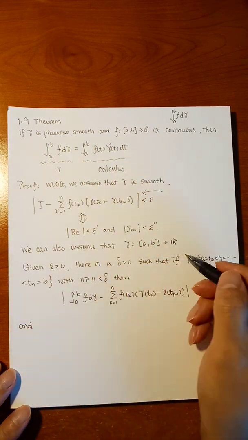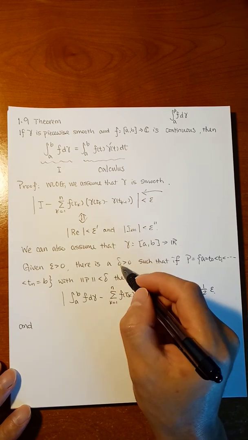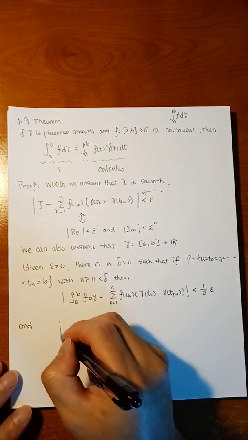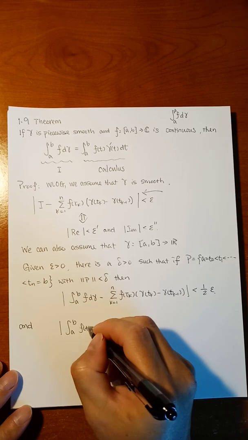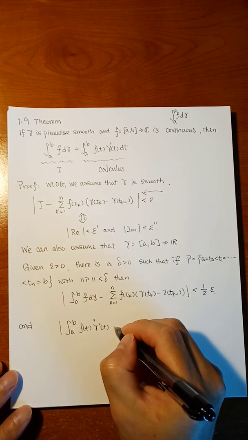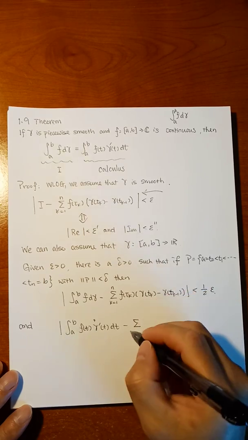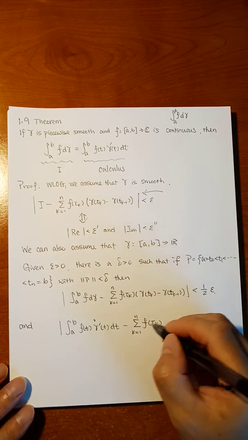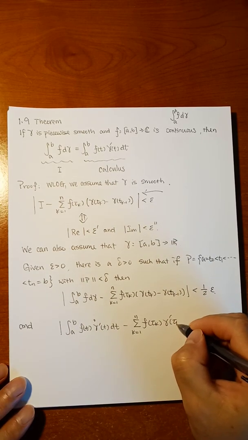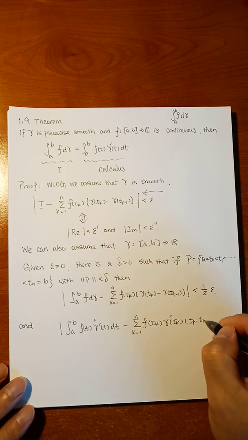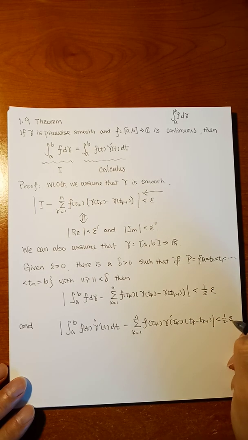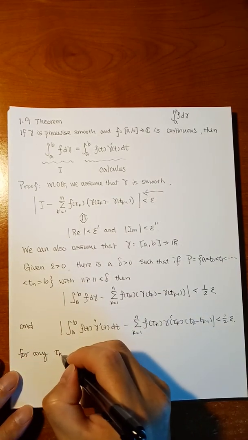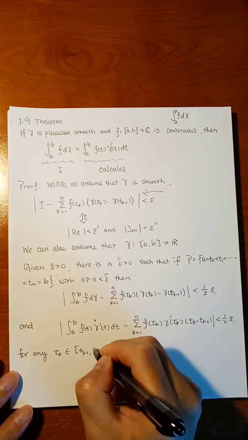For the same epsilon, there's another delta, and we choose the minimum delta, so we still use the same delta, so that the Riemann integral of f(t) gamma prime of t dt minus the Riemann sum of f(tau_k) gamma prime of tau_k times (t_k minus t_{k-1}) is also less than 1/2 epsilon, for any selection of tau_k inside [t_{k-1}, t_k].